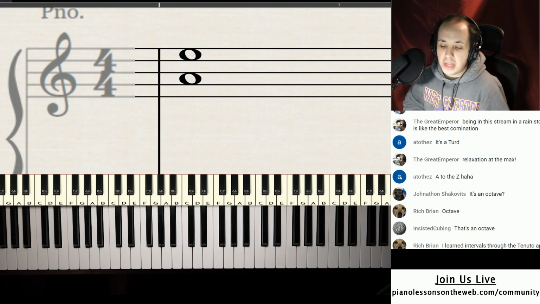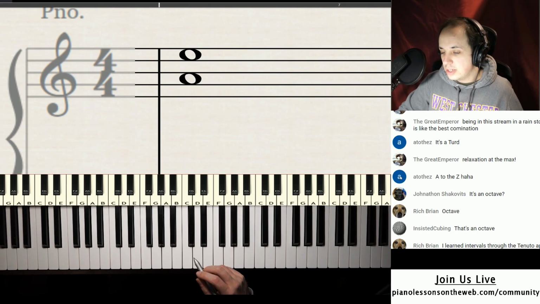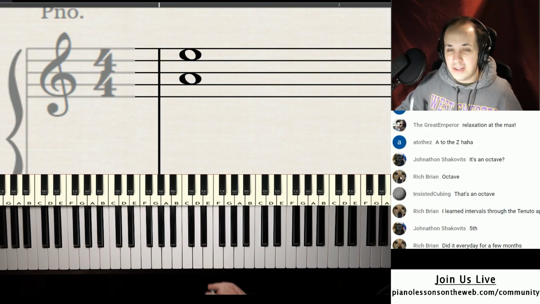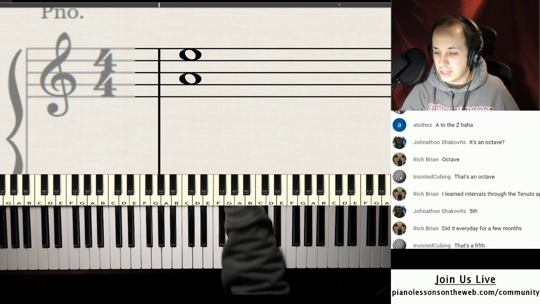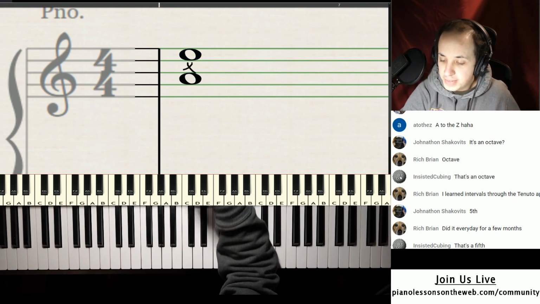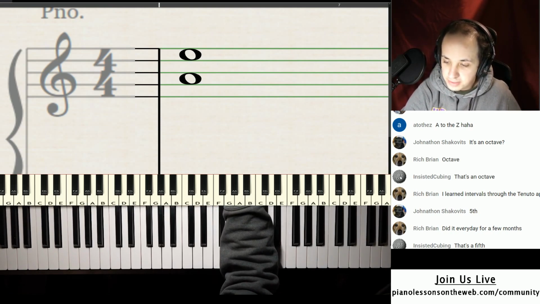So remember that odd intervals will be the 3, 5, 7, 9. I need to go back to elementary school. If it was a third, it'd be stacked like that. But because there's an empty gap in there, that will be an open fifth. A fifth there.